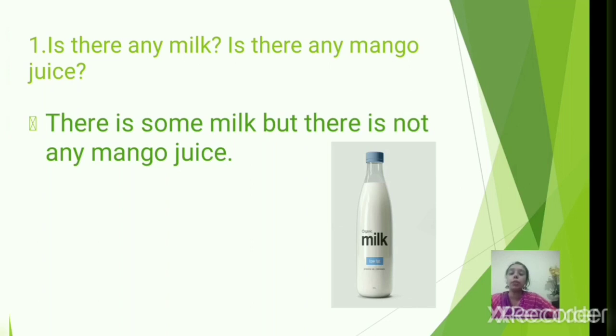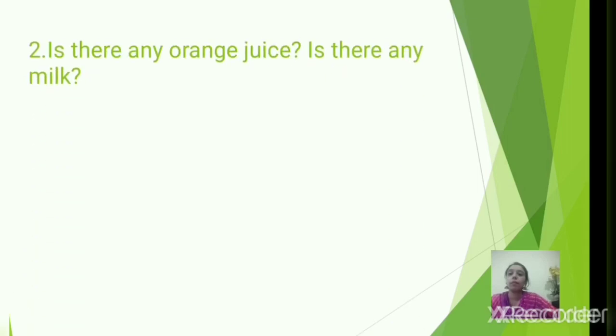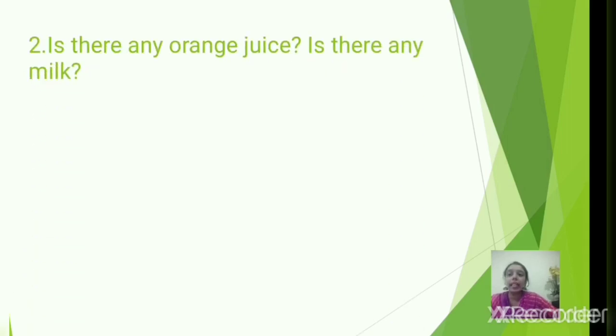Okay, now I am moving to the next question. Is there any milk? Is there any orange juice? You can see in the picture there is a bottle of orange juice.